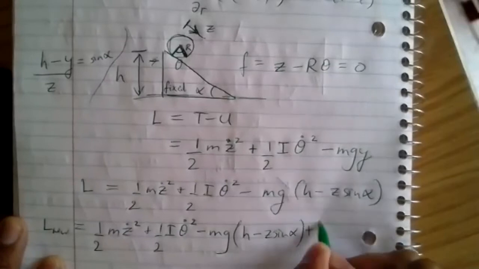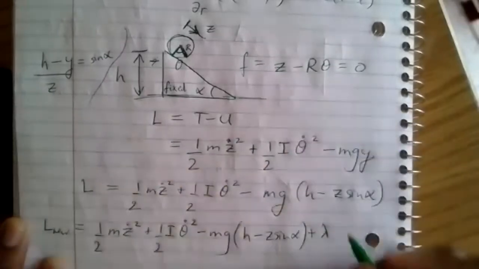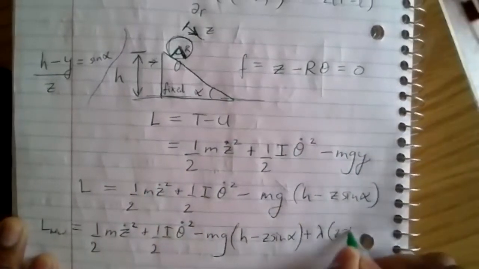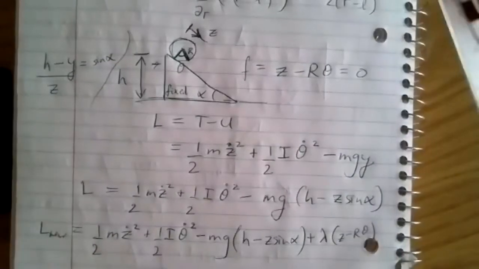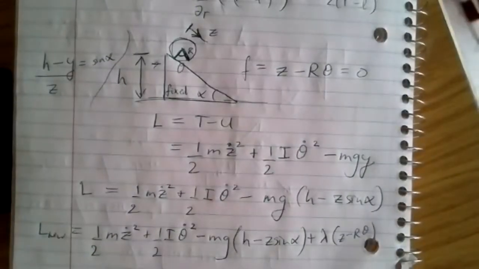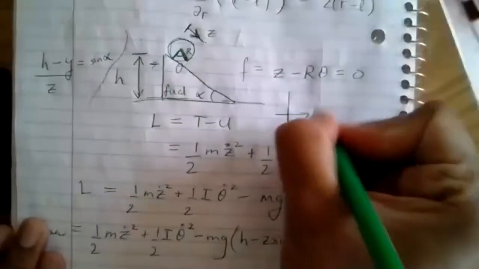So I have a plus lambda, and my constraint is z minus r theta. Is y in the h direction or perpendicular to z? Y is in the h direction. Yeah, that's a good point. I'll just put little axes here.